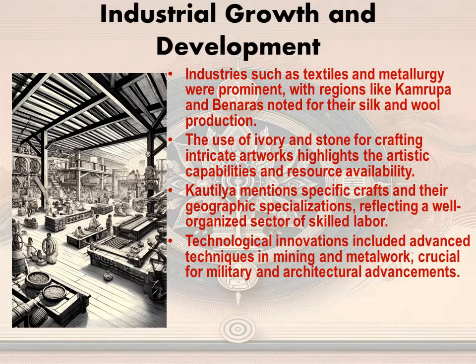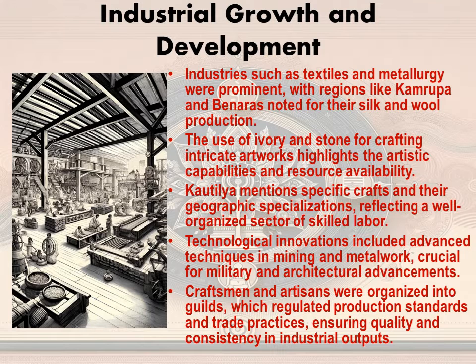Technological innovations included advanced techniques in mining and metalwork, which was crucial for military and architectural advancement. So, there were many technological innovations done during this period that focused on mining and metalwork. In turn, it enhanced the military and architectural capabilities of the empire.